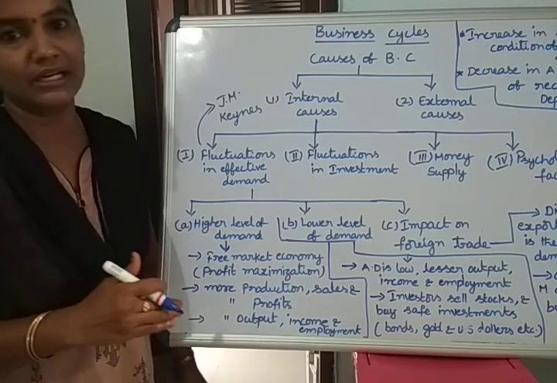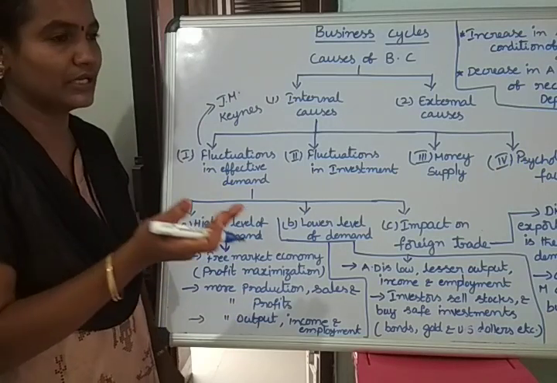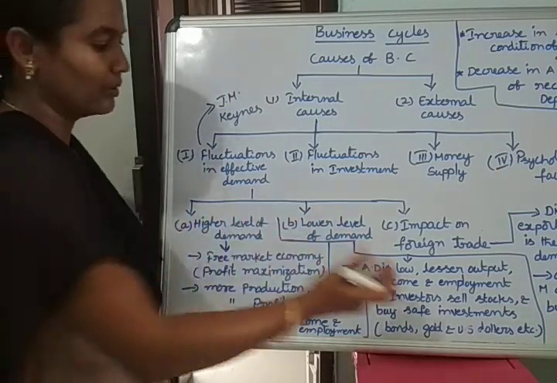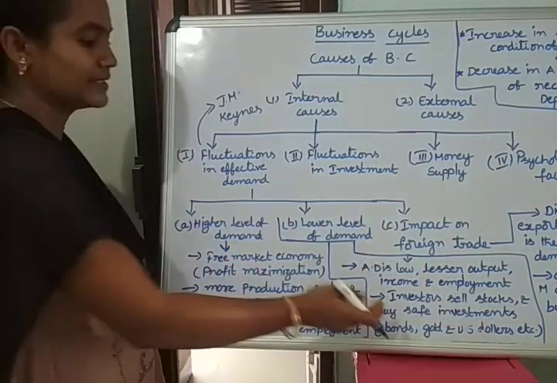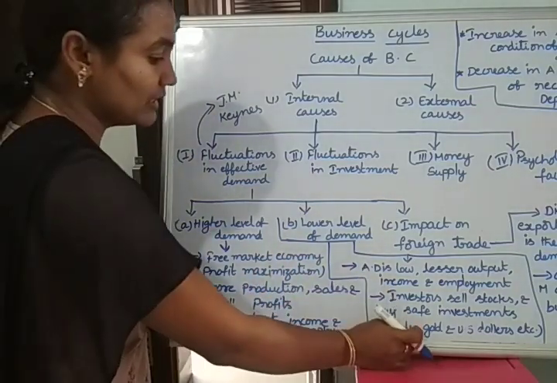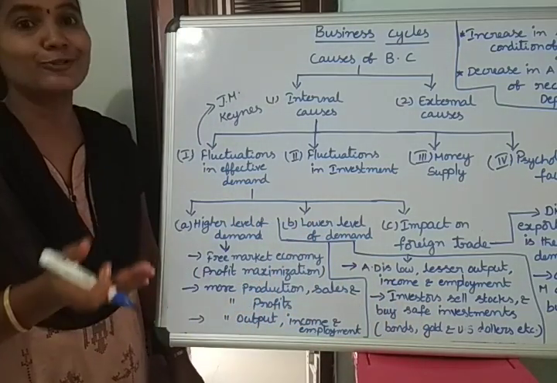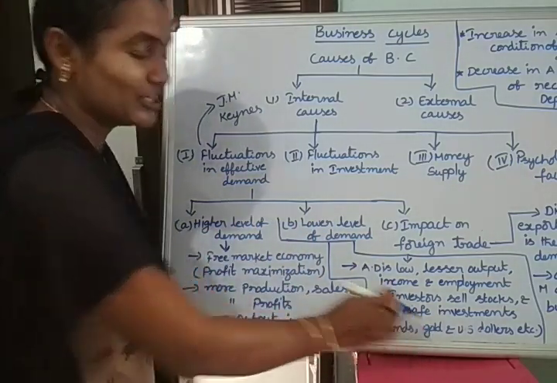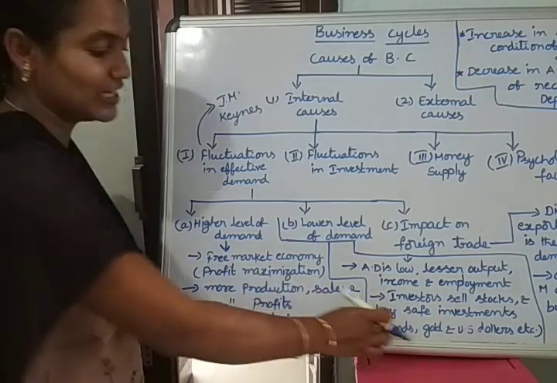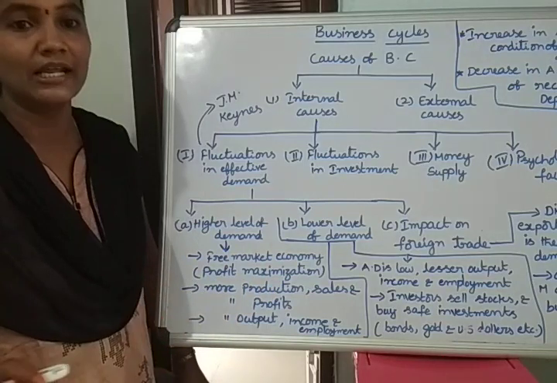Then immediately we invest our income and money in gold, or silver, or dollars, or bonds and securities. Like that, we invest our amount in these to purchase and to get some returns. There is no change in the income from these, and sometimes we get more profits, but we do not get any losses.